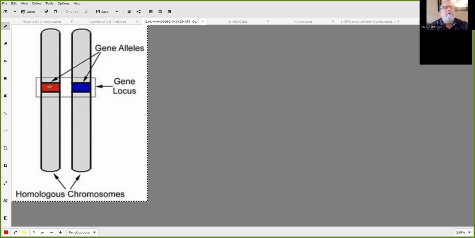But the idea here is that at this place, the locus, you're going to find this particular gene. The gene is not going to be necessarily identical. In fact, it probably never is. Everybody has a few mutations in their genes. They're almost never exactly the same.